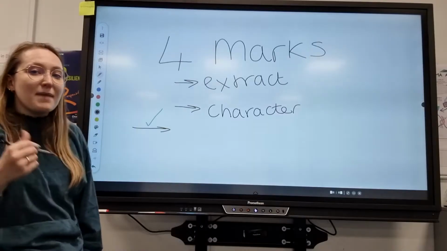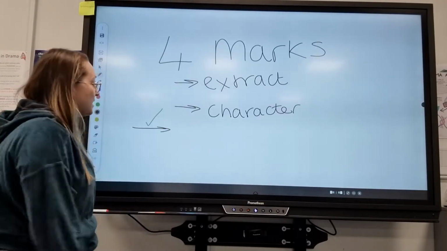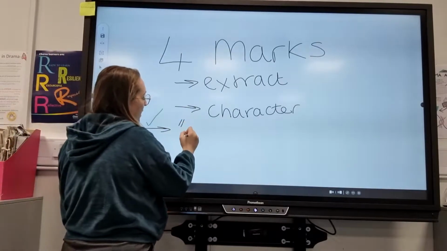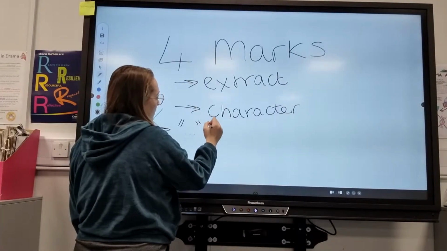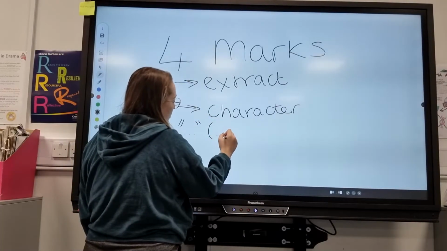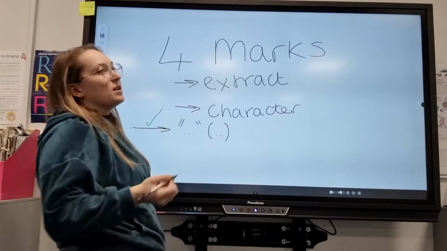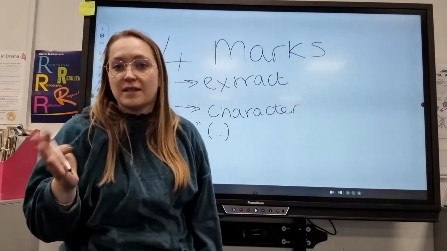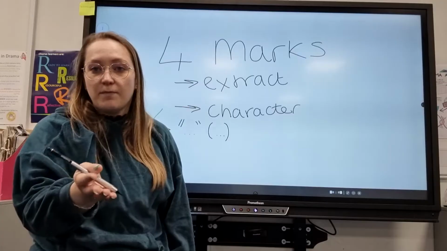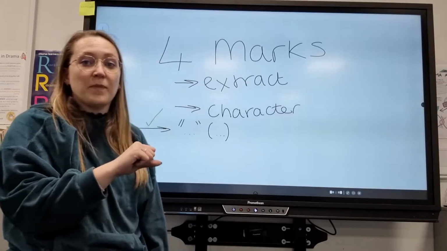And the way to make it specific is to link it to a quote or a stage direction. So something like Phil puts down his can of Coke, which is from Act 1, Scene 3. You might reference that stage direction.